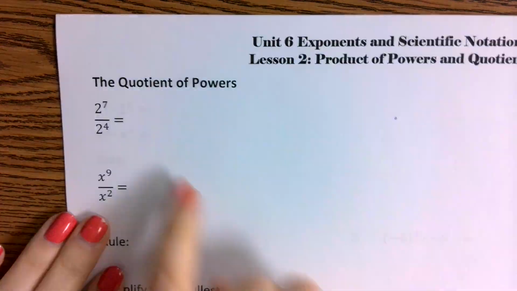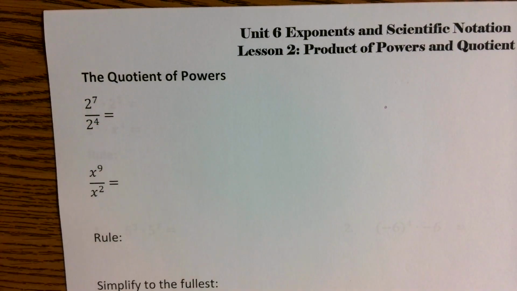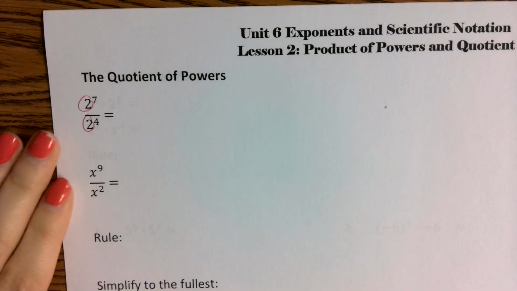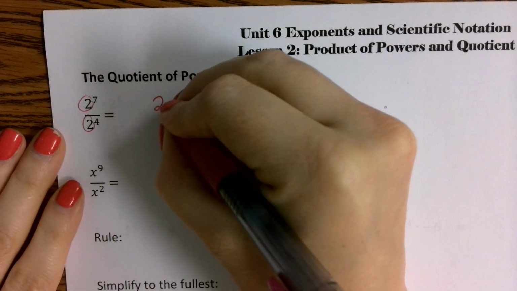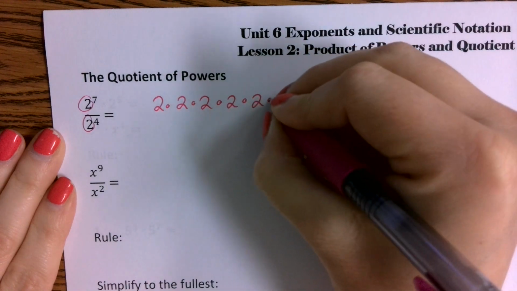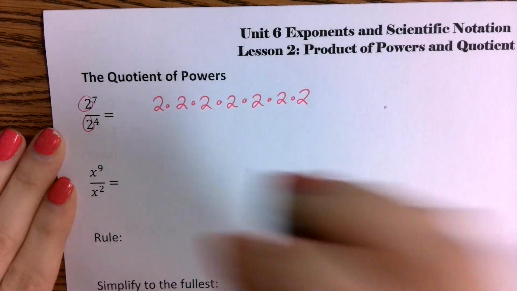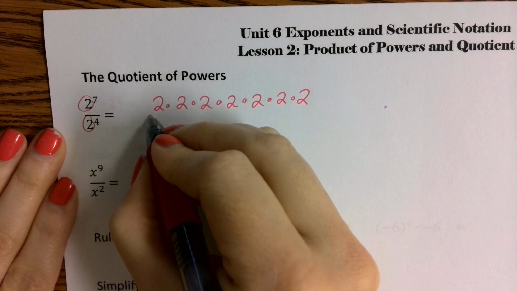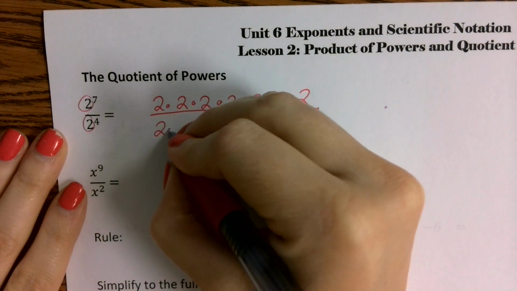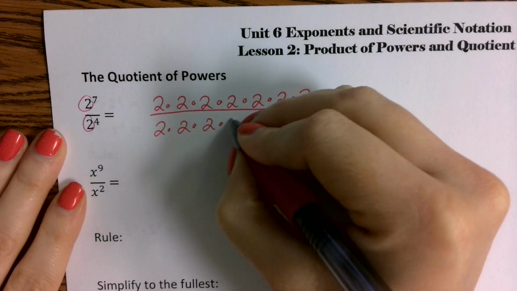So with quotient of powers, because it's a division problem, just like we did before, we're looking at the fact that they have the same base. That means I've got 2 times 2 times 2 times 2 times 2 times 2 times 2, because it's 2 to the 7th power, over 2 to the 4th, I've got 2 times 2 times 2 times 2.